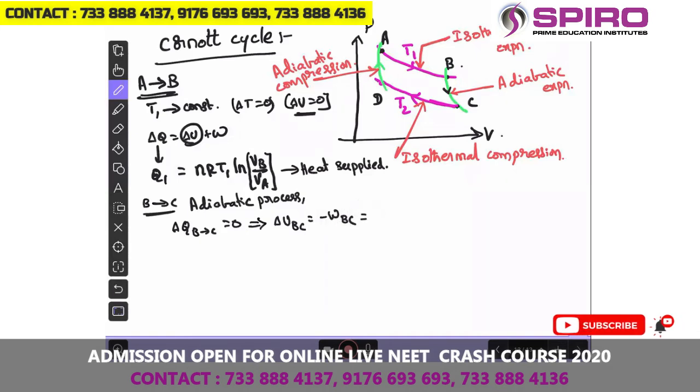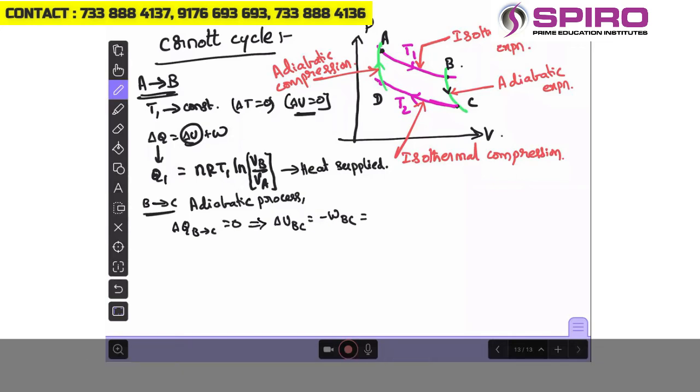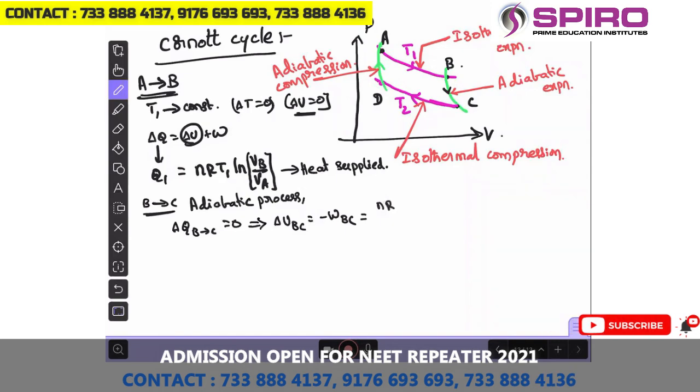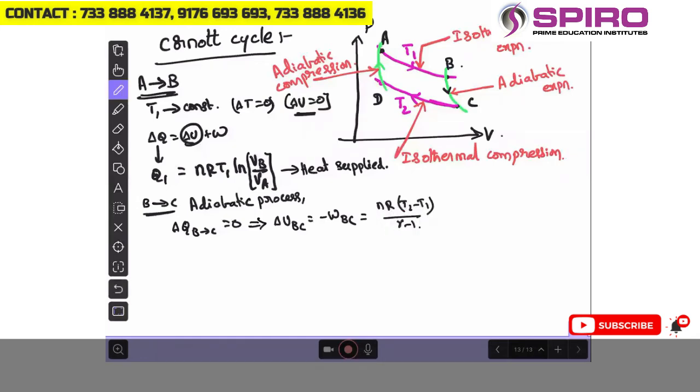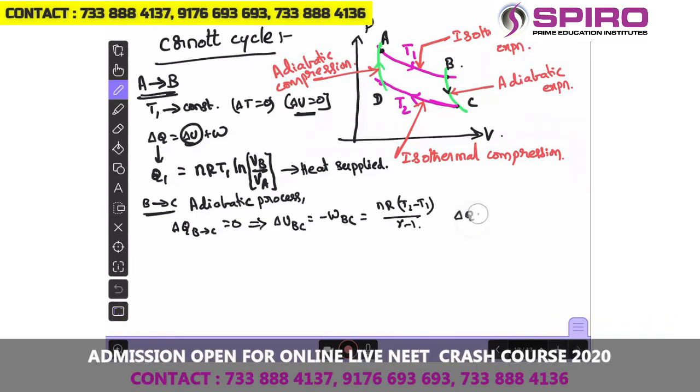The internal energy change can be written as nR delta T, where delta T is T2 minus T1, divided by gamma minus 1. Net heat energy supplied or rejected will be 0 in this process, so neither is heat energy supplied nor taken out.